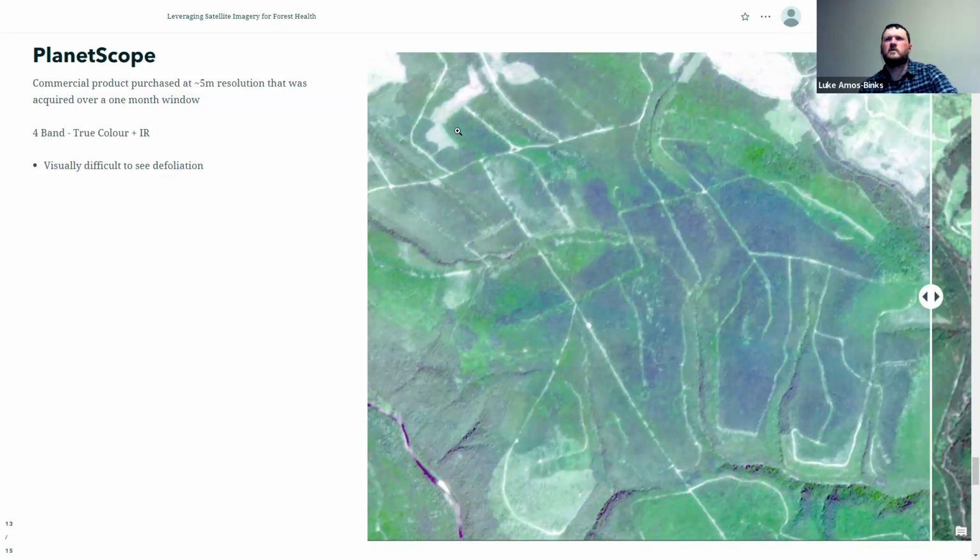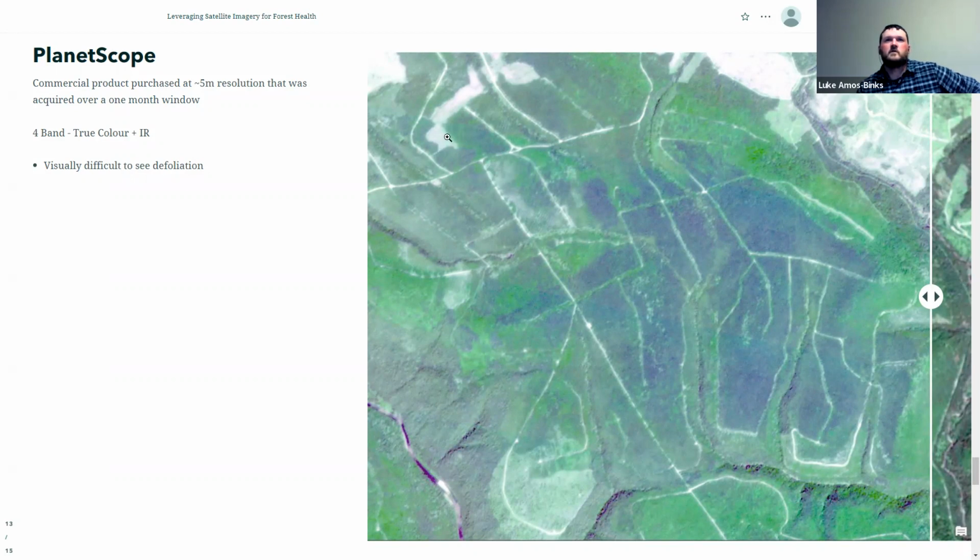Part of the reason, we think, is because we gave the Planet Scope people a capture window of 30 days, and for this particular scene we ended up with a scene that was probably a little bit too early.